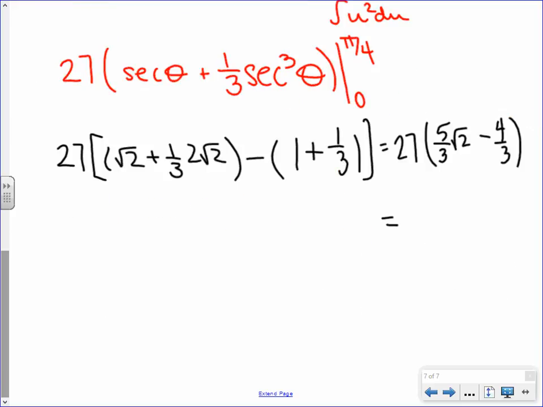Which means, what do we have? 35 over 3 times square root 2 plus square root of 3. Could we just say 45 radical 2? 36.